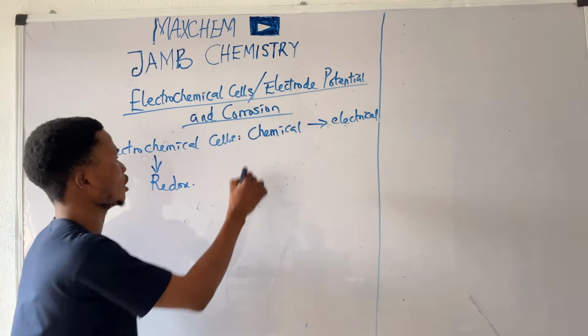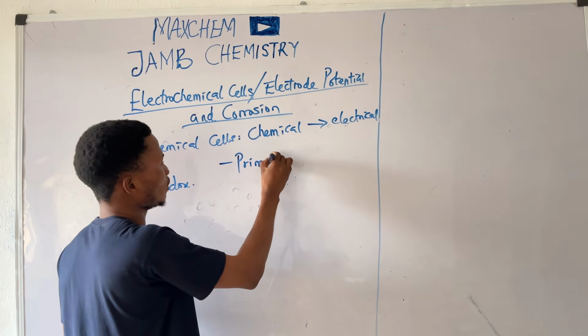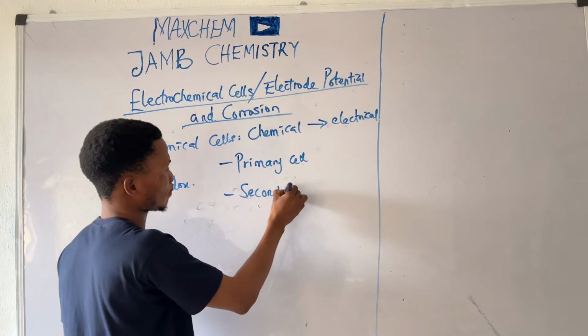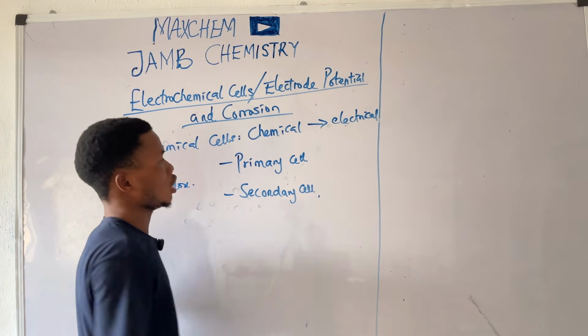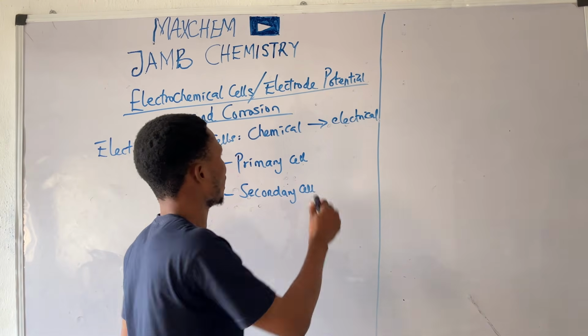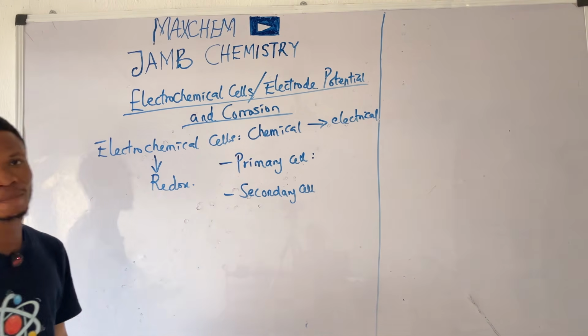So we have two classes. The cell can be a primary cell or a secondary cell. A primary cell is a cell that cannot be recharged.